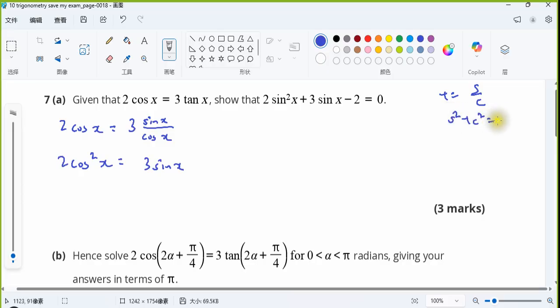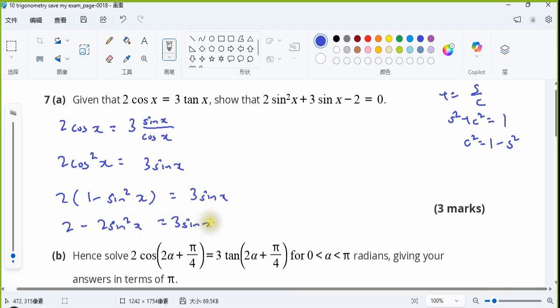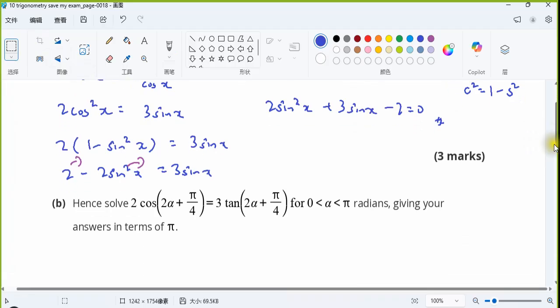Sine square plus cos square equal to 1, cos square is 1 minus sine square. So 2 times 1 minus sine square x equal to 3 sine x. 2 minus 2 sine square x equal to 3 sine x. So we move this to the other side. Then we have 2 sine square x plus 3 sine x minus 2 equal to 0.